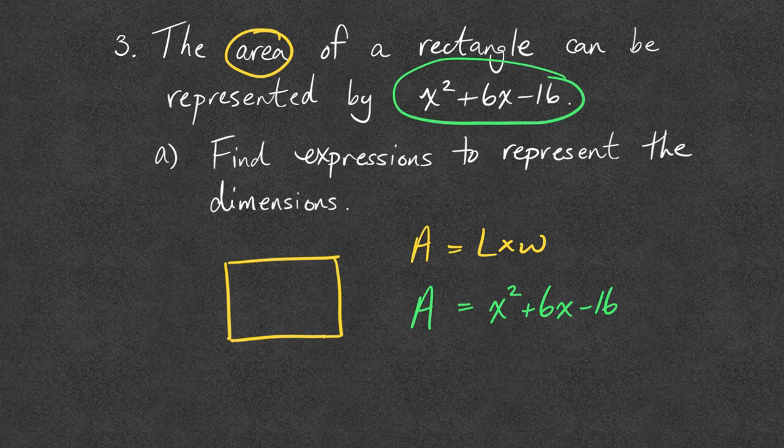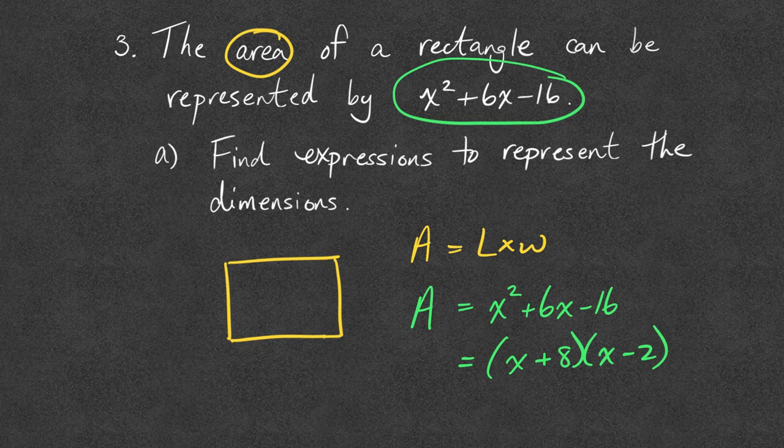If I can write it as something times something, then I will have it as length times width, or one dimension times the other. And so if I need to take that green expression and put a multiply back in there, that means I need to factor it. So pretty quickly, I should be okay to say two numbers that multiply to give negative 16 and add to give 6. That would be a positive 8 and a negative 2.